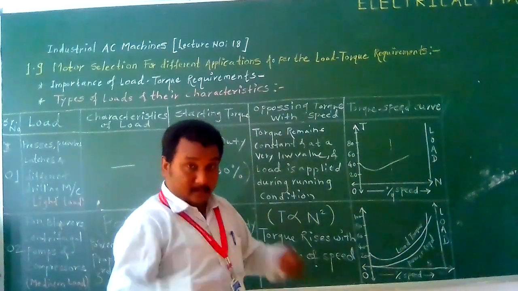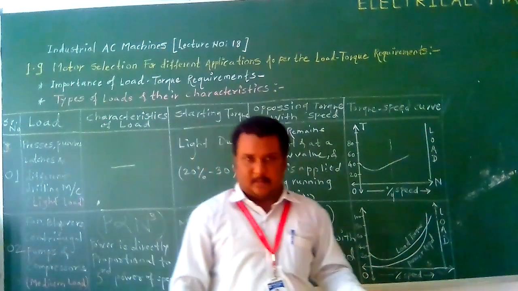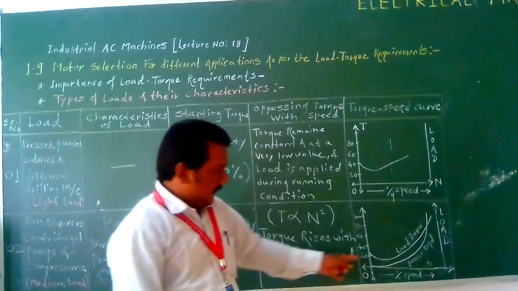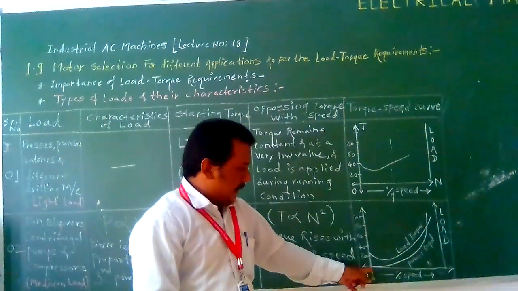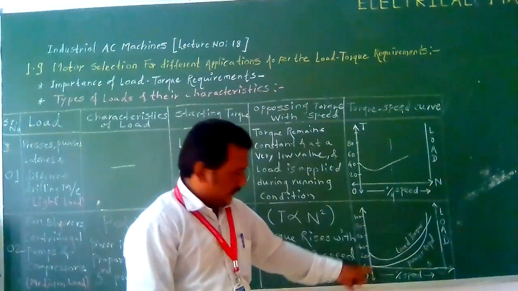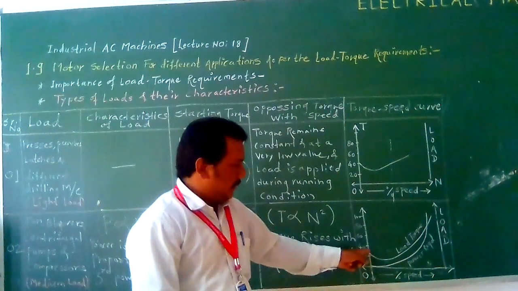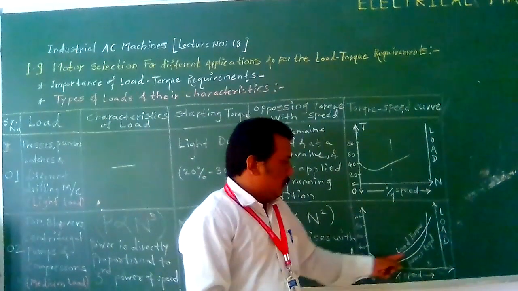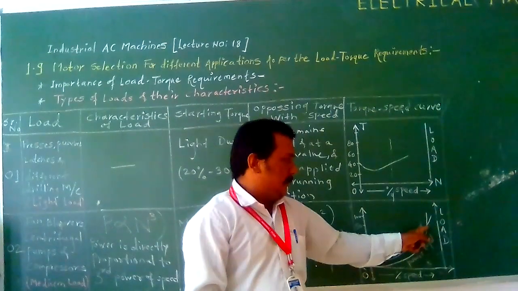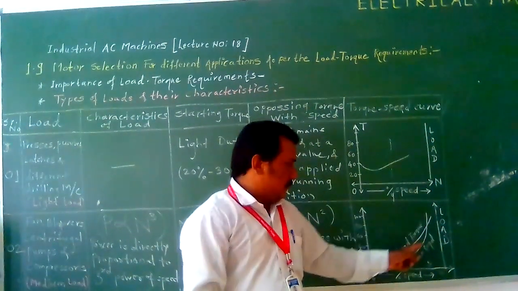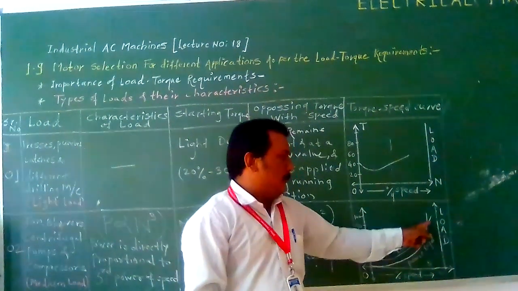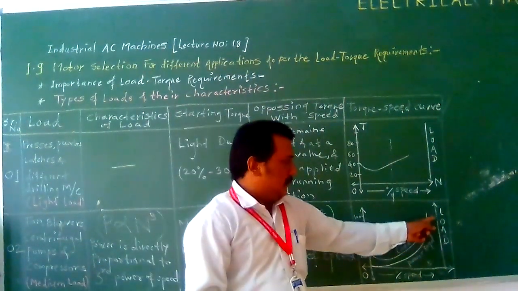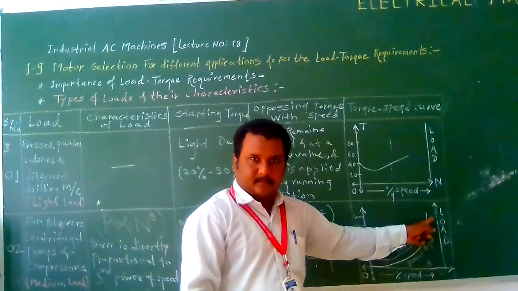Now during load condition, load torque required also increases whenever we are applying load, but at starting, the load required is at medium capacity. Under running condition, as speed increases, load also increases. At one point where the load torque crosses the power required, above this point the motor would be overloaded.